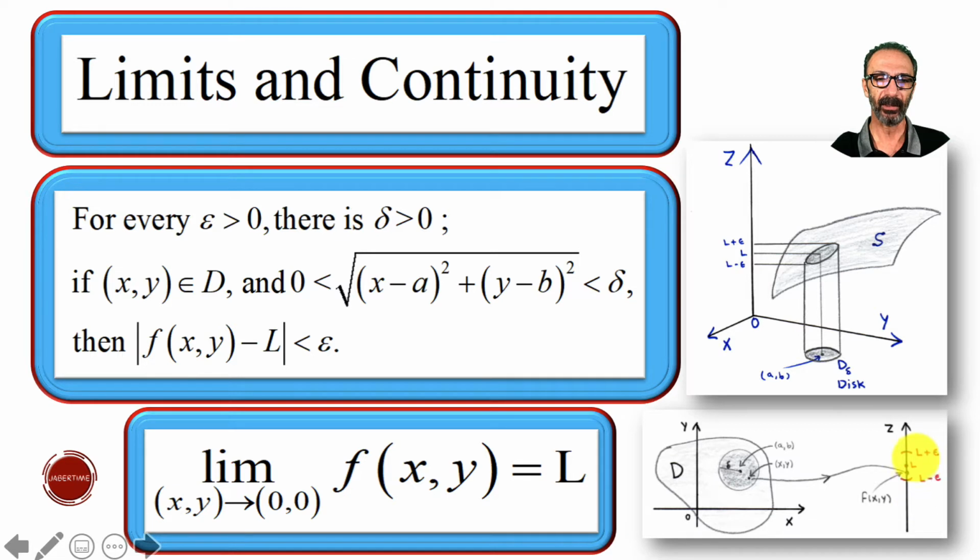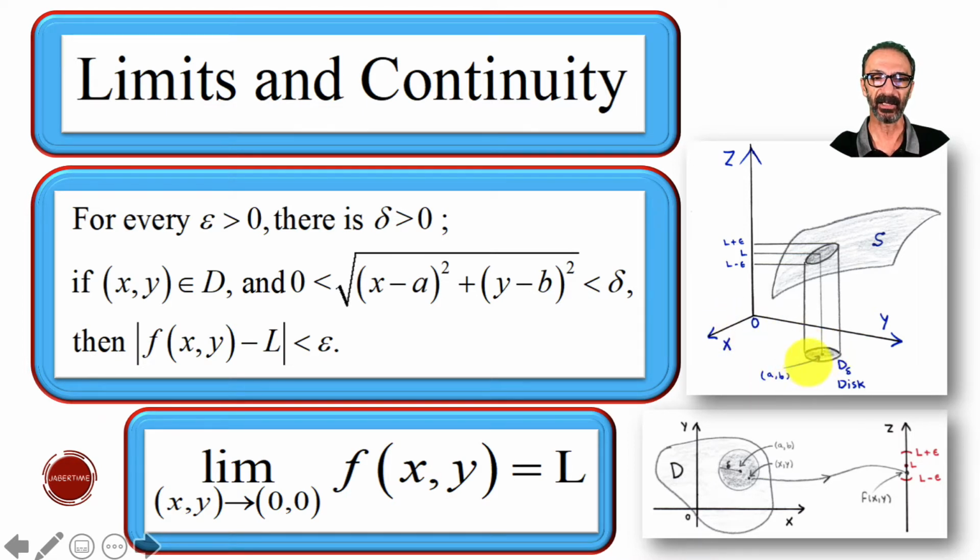So L, L plus epsilon, and L minus epsilon, that's an interval with a radius of epsilon with the center L. This is a 3-dimension graph. So when you have a disk right here, that's called D delta, a disk with a radius of delta, and the center is (a, b).